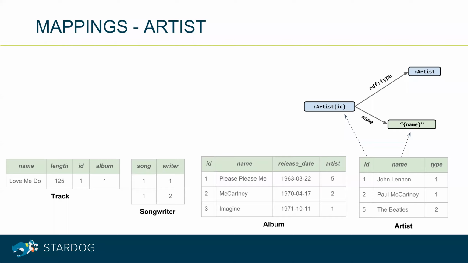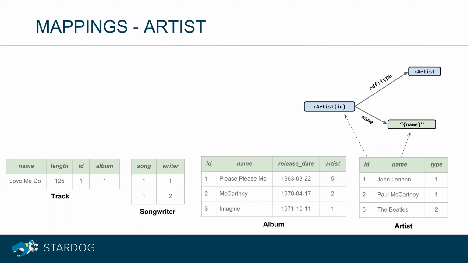And the artist node is an IRI, which is constructed using an IRI template. An IRI template is just like an IRI, but it includes variables that will be replaced with actual values. So the artist IRI template we have here concatenates the local name artist with the ID column of the artist table.